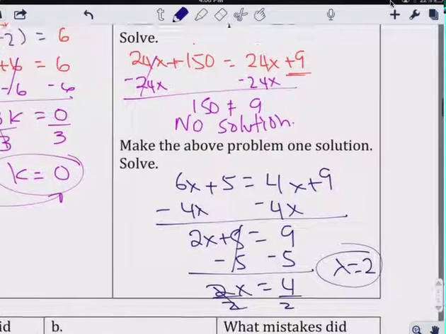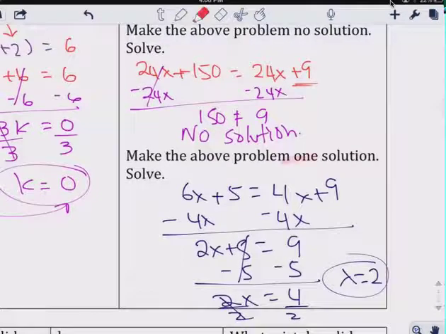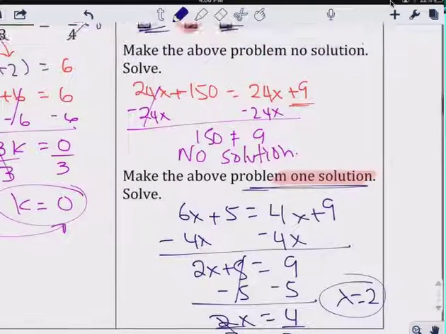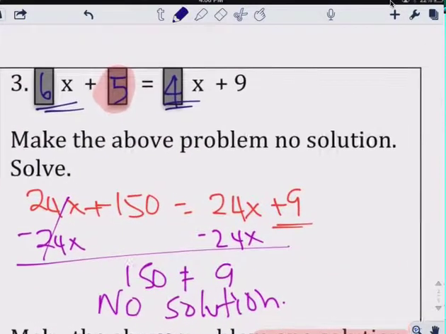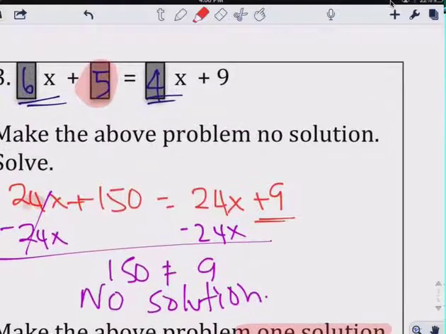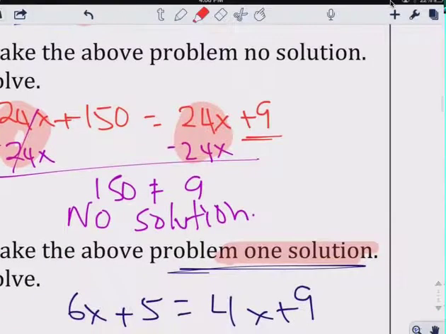Whatever you use, just make sure with one solution, everything is different. Okay, where no solution or infinite solution, the variable has to be the same.